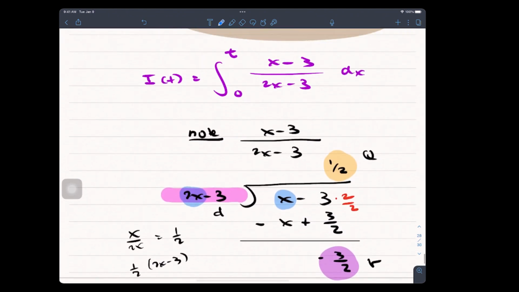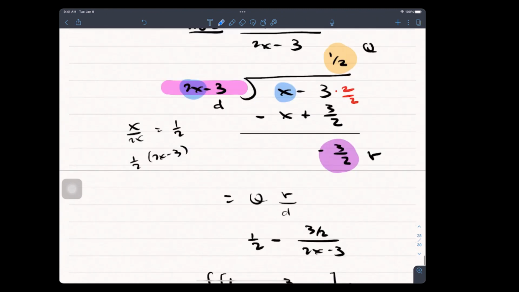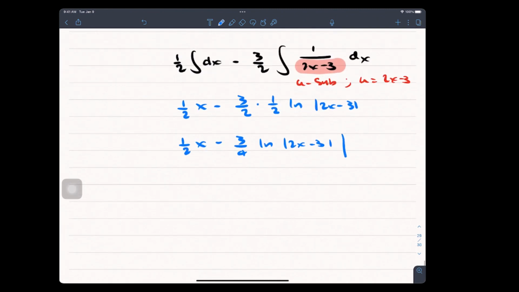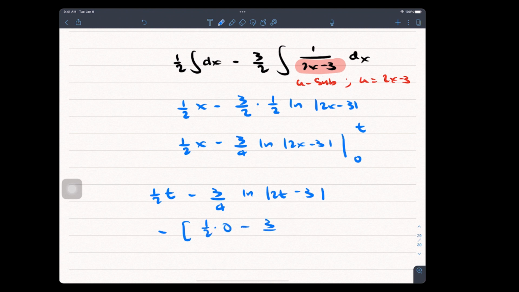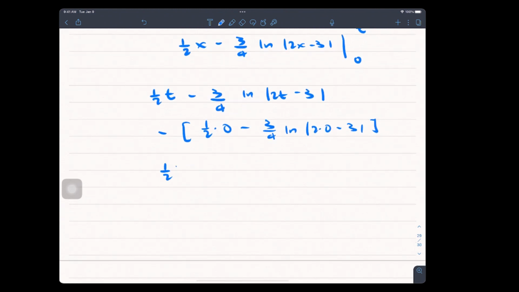My limits were 0 to t. All right, so we get 1/2 t minus 3/4 natural log absolute value of 2t minus 3, minus [1/2 times 0 minus 3/4 natural log of absolute value of 2 times 0 minus 3]. So 1/2 t minus 3/4 natural log absolute value of 2t minus 3.